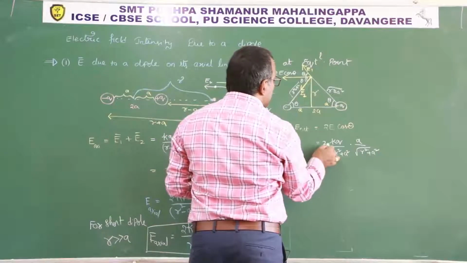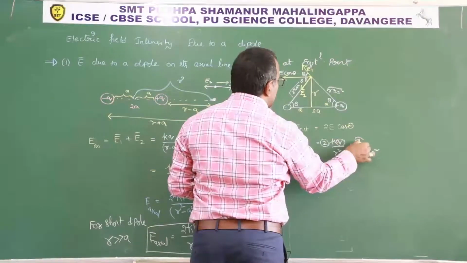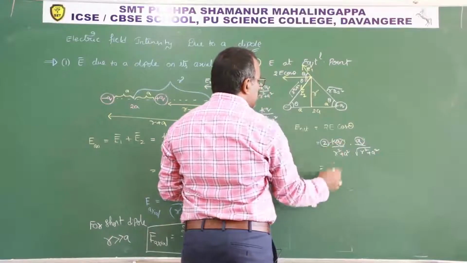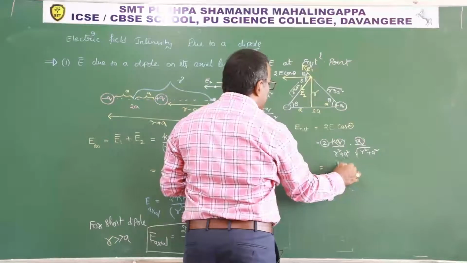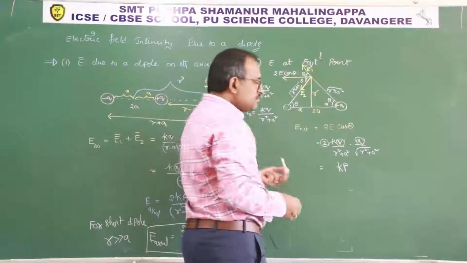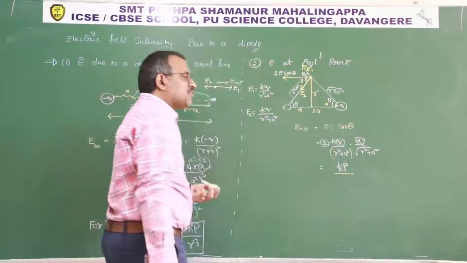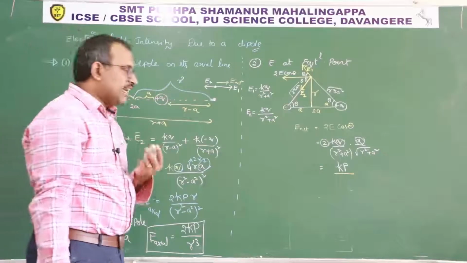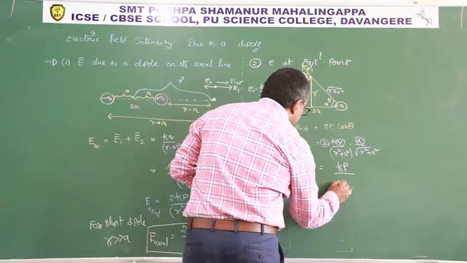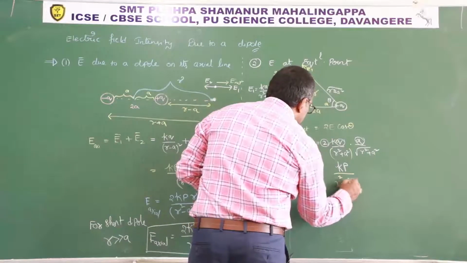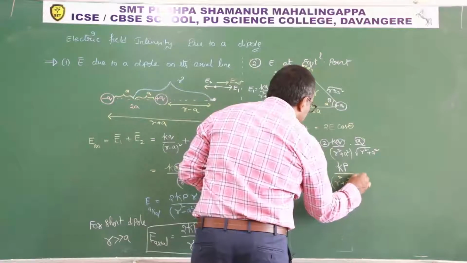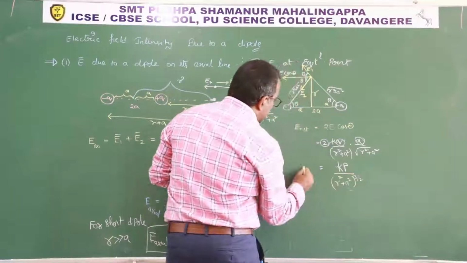Now I am rounding off 2qa. 2a into q is the dipole moment, so kp by r square plus a square whole power 1 by 2 times another power 1, hence whole power 3 by 2. This is E net.